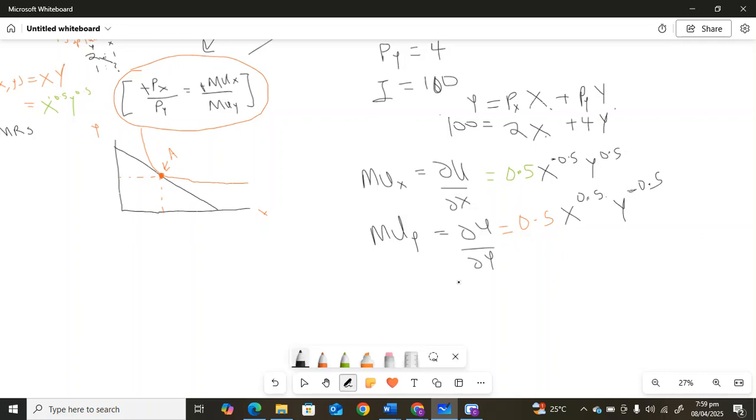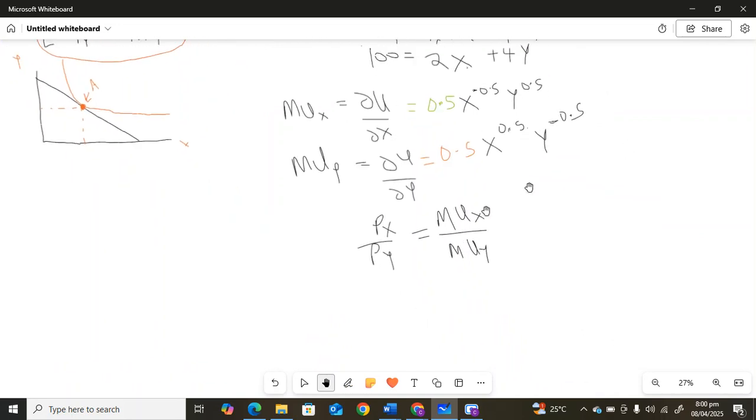So here we have px over py equals mux, marginal utility of x, over muy, marginal utility of y. Remember, marginal utility of x over marginal utility of y, that's just your marginal rate of substitution. So the first thing we need to do is simplify this marginal rate of substitution here.